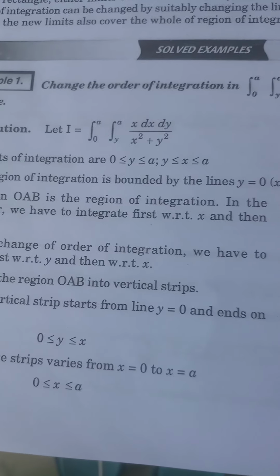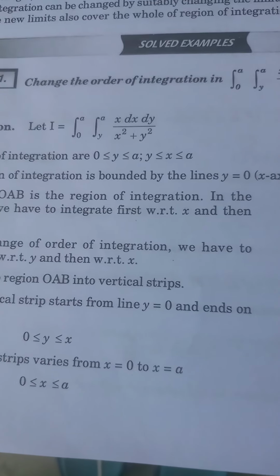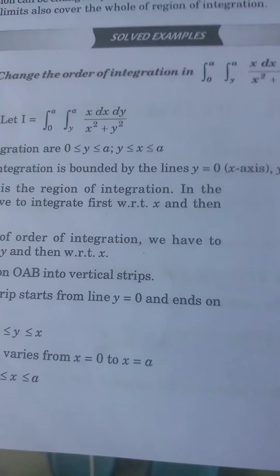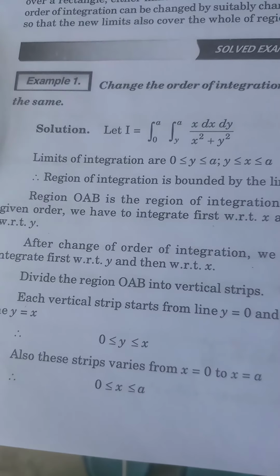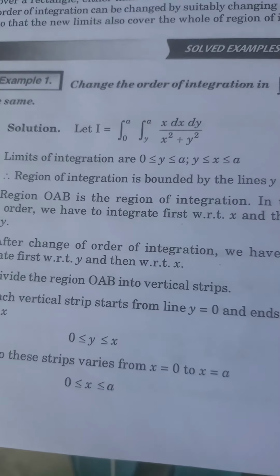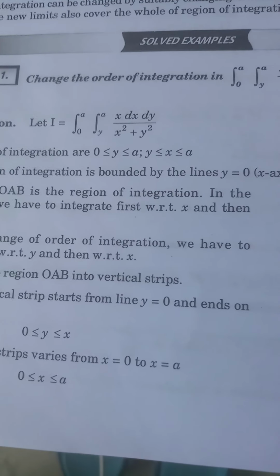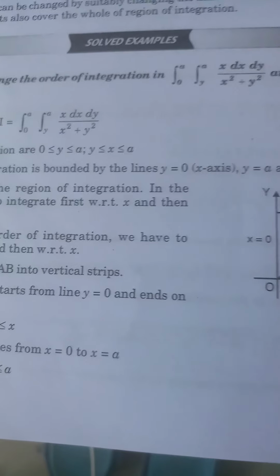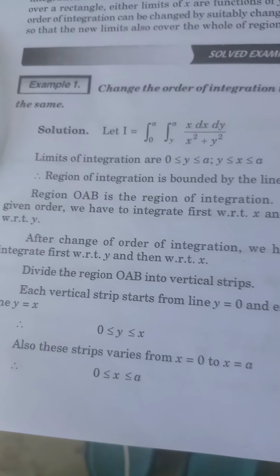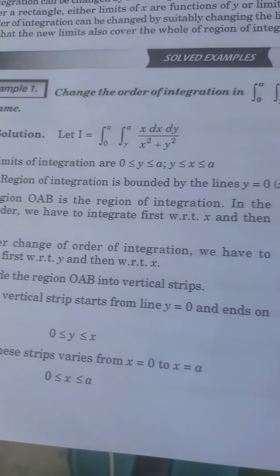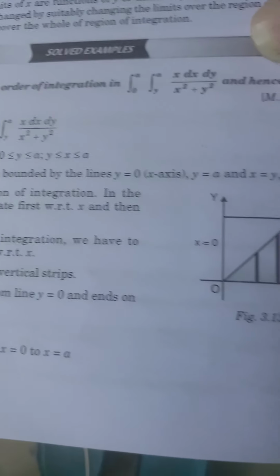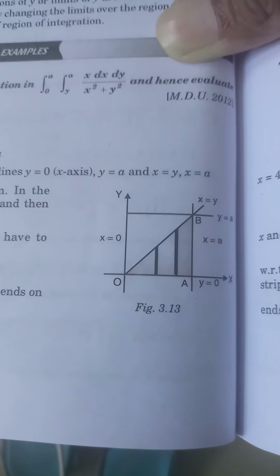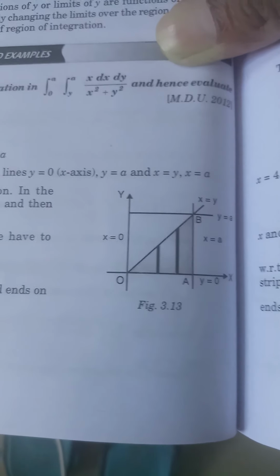Let I equal integral 0 to a integral y to a x dx dy over x square plus y square. Limits of integration are 0 less than equal to y less than equal to a, y less than equal to x less than equal to a. Therefore, region of integration is bounded by the lines y equal to 0, x axis, y equal to a, and x equal to y, x equal to a.